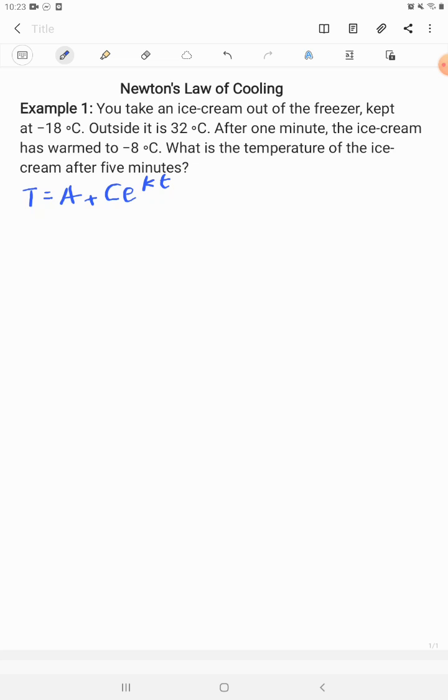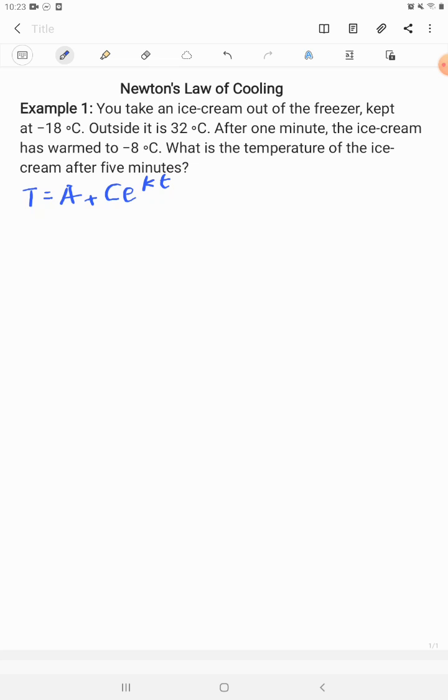But we have also discussed that C is simply equal to the difference between the temperature of the body and the temperature of the surroundings. So the problem says that you take an ice cream out of the freezer, kept at negative 18 degrees Celsius. So the freezer temperature is negative 18 degrees Celsius.